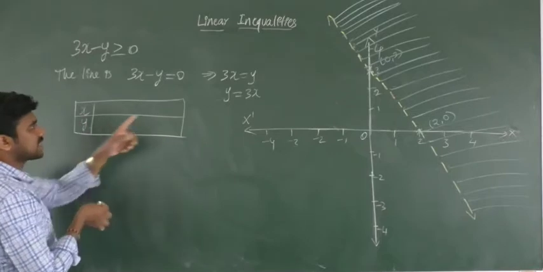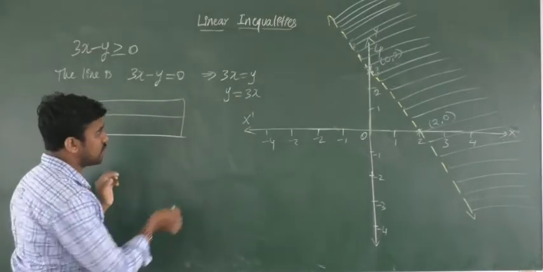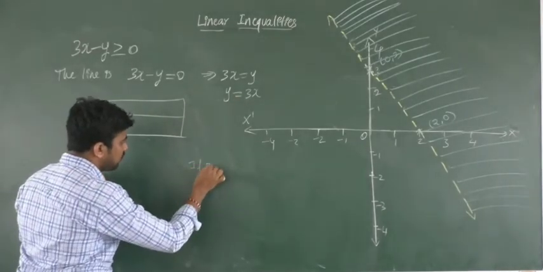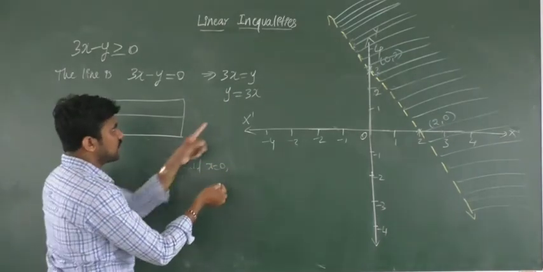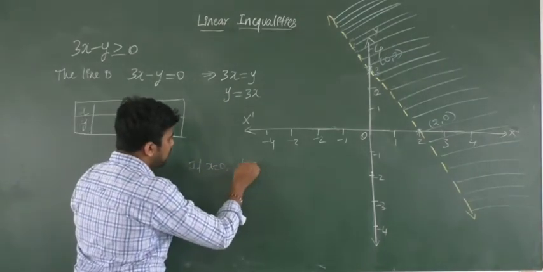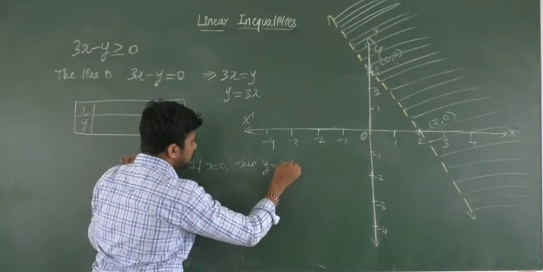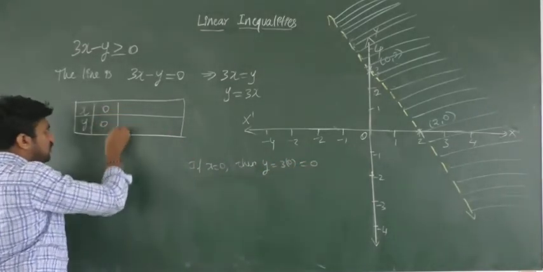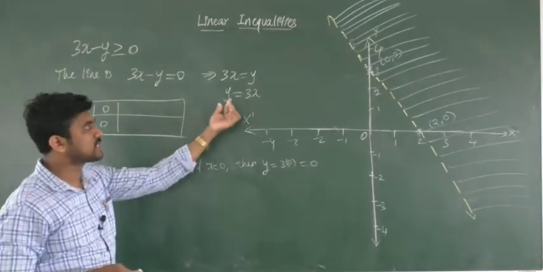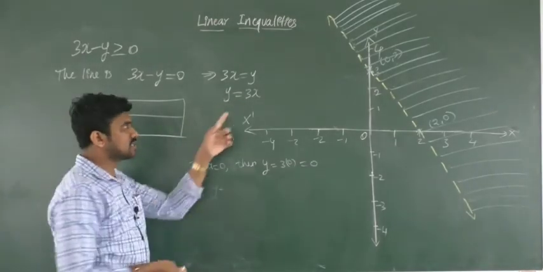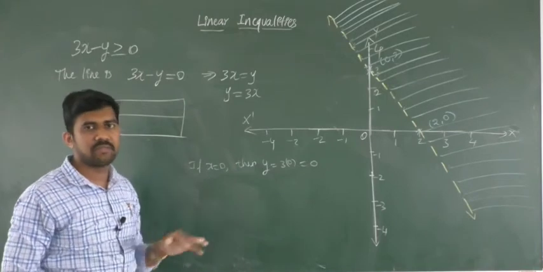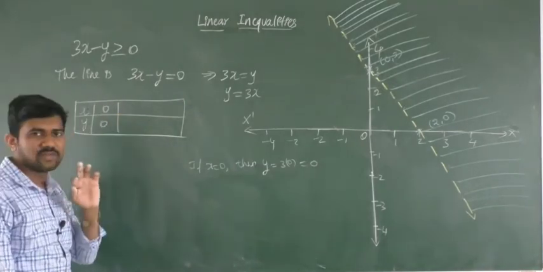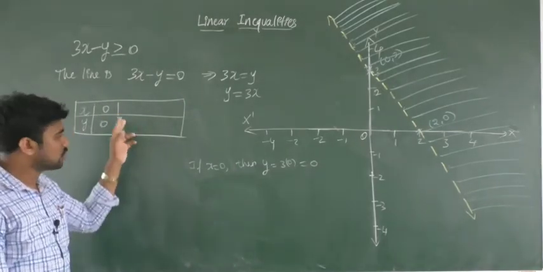In one case you take x is equal to 0, then y is equal to 3 into 0, 0 we'll get. Now if you take y is equal to 0, then x also we'll get 0. So don't take the same, because again we'll get (0, 0). Understand? So go to another point.